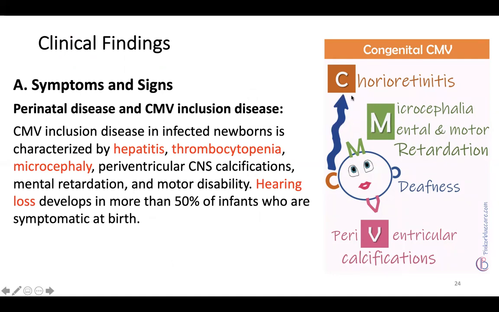C is chorioretinitis, M stands for microcephaly, mental retardation, and motor retardation, V is periventricular calcification, and D is for deafness or hearing loss. These are the symptoms and signs of congenital cytomegalovirus.